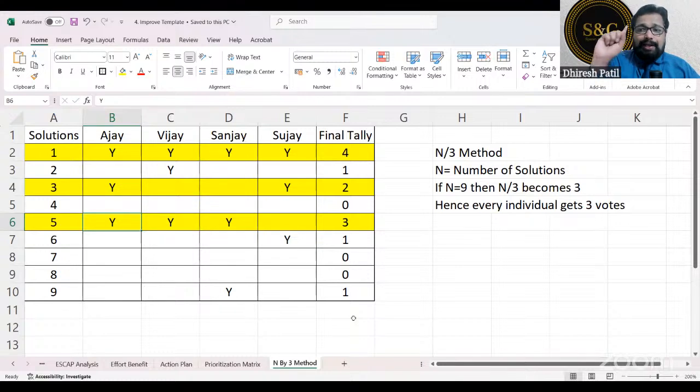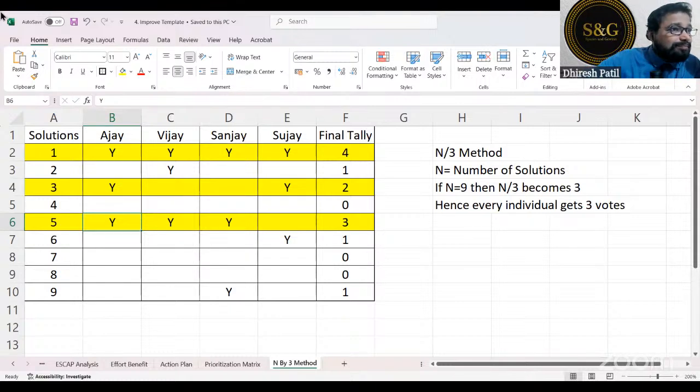Here you need to understand one thing. If you have a lot of solutions, guys, the way I see it, I would first use effort benefit. Imagine I have got 50 solutions. First I will use effort benefit analysis, the EB matrix.